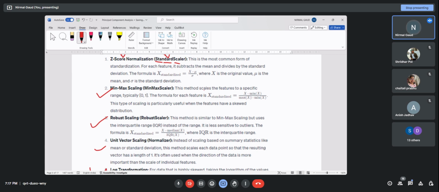This method scales the features to a specific range, typically between 0 and 1. The formula for each feature is x minus x min divided by x max minus x min. This is the way you can scale the data.